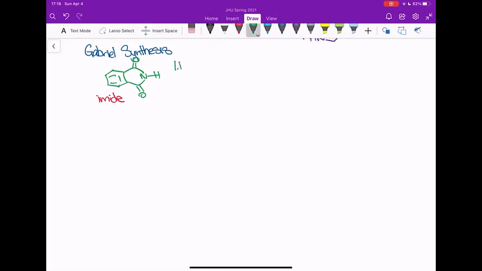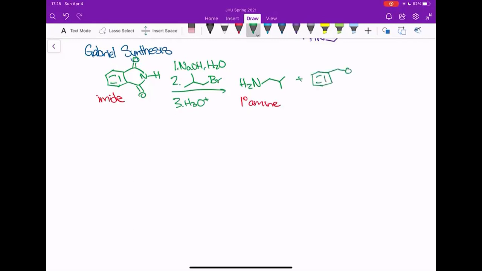And using base, some R group with a good leaving group, so whichever carbon chain you want to add, and then also an acid quench. And then this reaction will go ahead and give you your primary amine with that R group that you had added during the reaction. And then your byproduct is this thing, which is called your diacid.